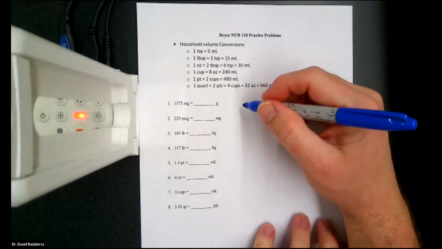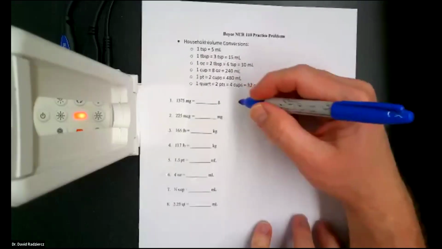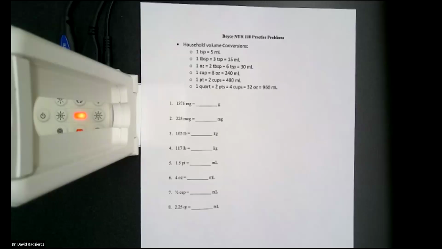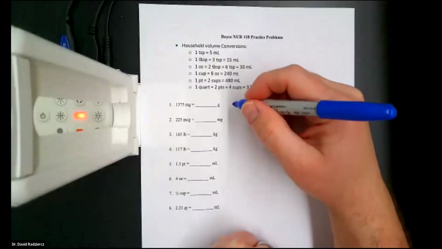Can you see my paper okay? Yes, I can see it. Okay, good. Let me turn up the volume here. I turned my volume up too, so I can hear you. I don't know where the microphone is in here, but obviously we can hear each other, so it seems to be working okay.